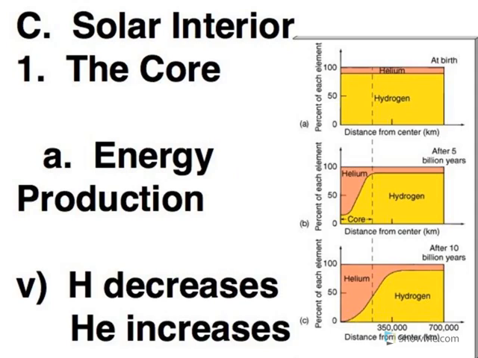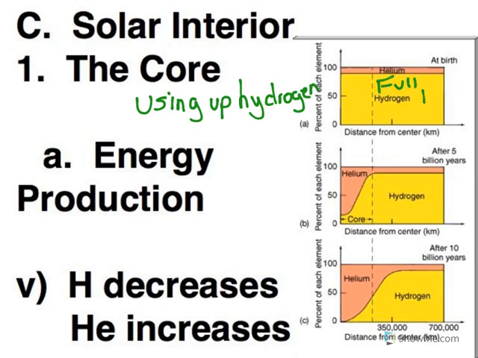Now this hydrogen fusion process means we are using up the hydrogen. Now that's our fuel. Just think about your gas tank. When the sun first formed, we had a full tank. Well, it's been using up the hydrogen over time. And so over time, we're getting more and more helium and less hydrogen.